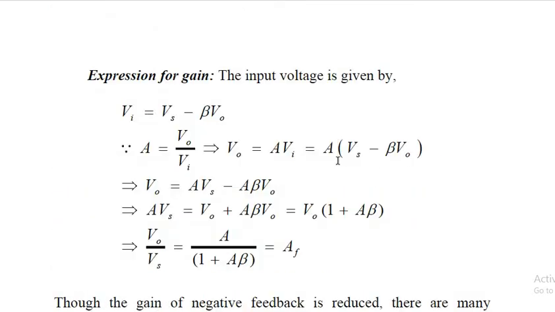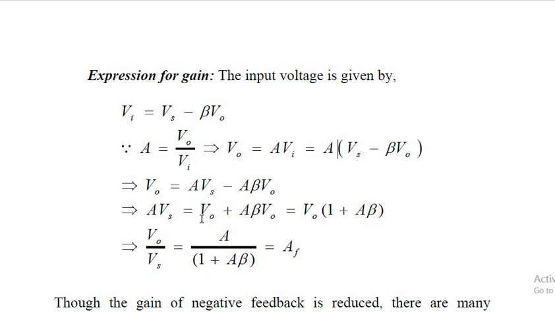Next is input voltage gain. It is given by Vi is equal to Vs minus beta Vo. Again, A is equal to Vo by Vi. Therefore, Vo is equal to A into Vi. Substitute for Vi from this equation, and after substituting, multiply each term inside the bracket. So we get Vo is equal to AVs minus A beta Vo.